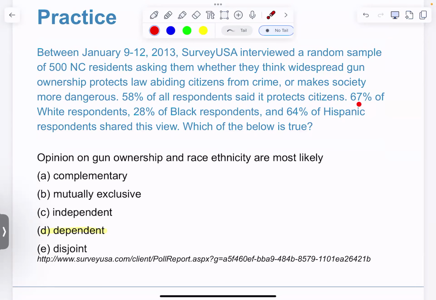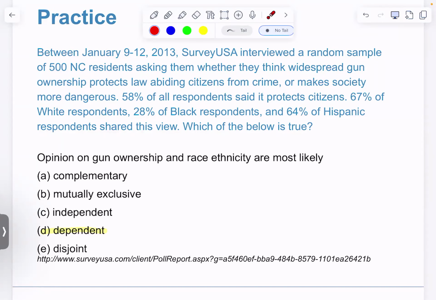But if we break it down, 67% of white respondents said that it protects citizens, 28% of Black respondents, and 64% of the Hispanic respondents shared this view. So overall it was 58%, but within the groups we have very different views.